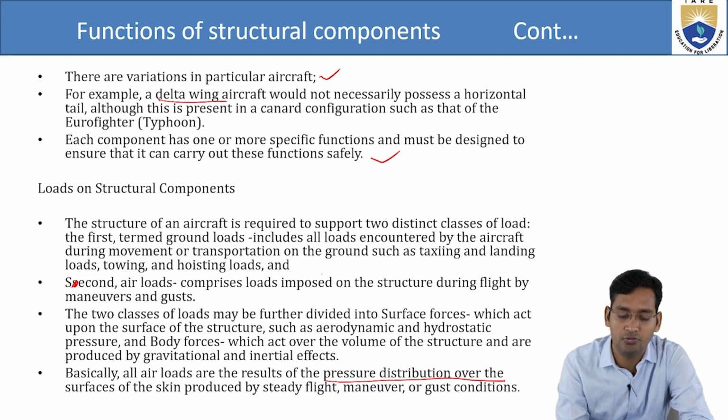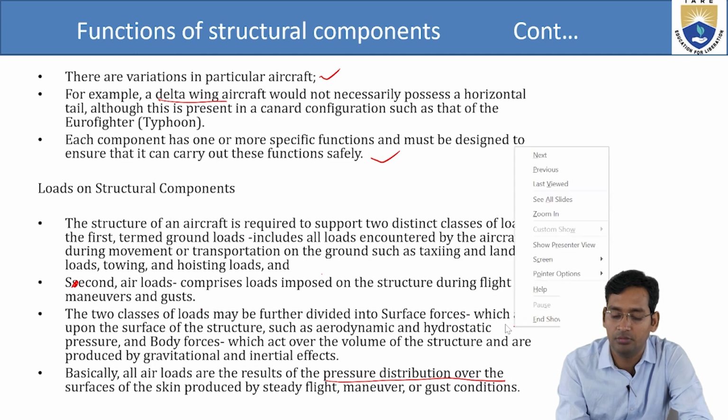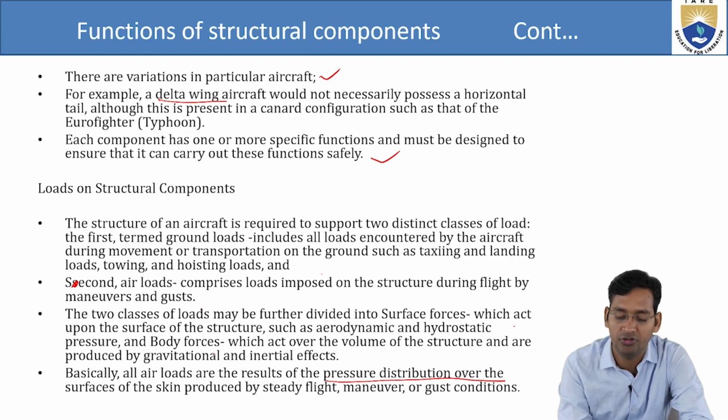The two classes of load may be further divided into surface forces, which act upon the surface of the structure such as aerodynamic and hydrostatic pressure, and the body forces, which act over the volume of the structure and are produced by gravitational and inertial effects.